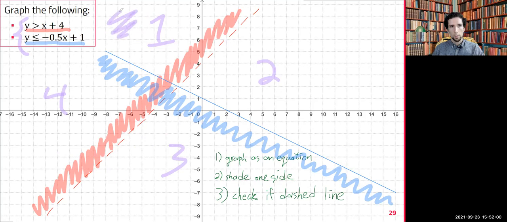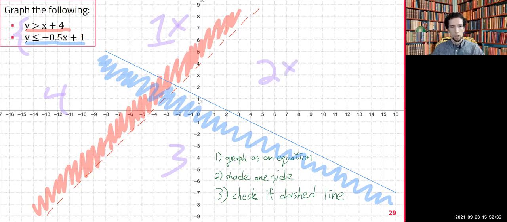Area one up here: the red shaded area does go off to infinity in this direction, but the blue one doesn't. So number one includes the red area but does not include the blue area, so it's not number one. Number two does not include the red area or the blue area, so 2 is not a solution to any of the inequalities, even independently.